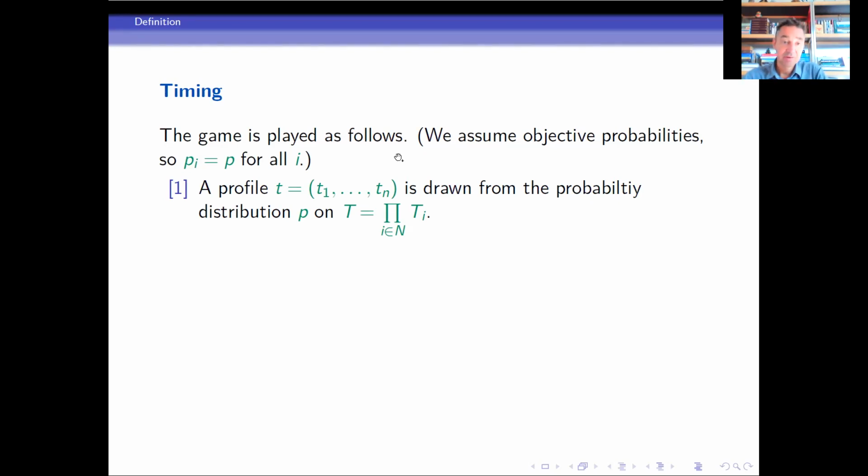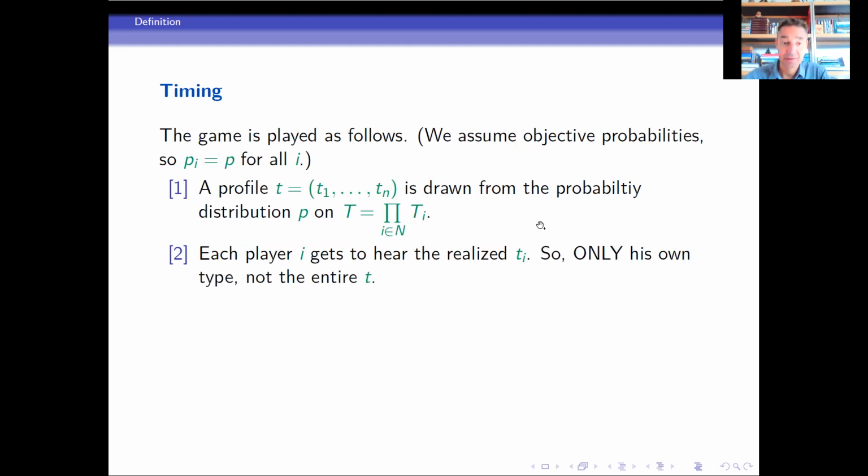Then, once this draw is made, these types are privately communicated to the players, meaning that each player gets to hear his own type. You see there's a typo over here, I'll correct that. So each player gets to hear the realized Ti, and that means that you only know your own type and you have no information about the types of other players. So that is exactly how asymmetric information is modeled in this game. So a Bayesian game is a way to formally model that kind of information structure.